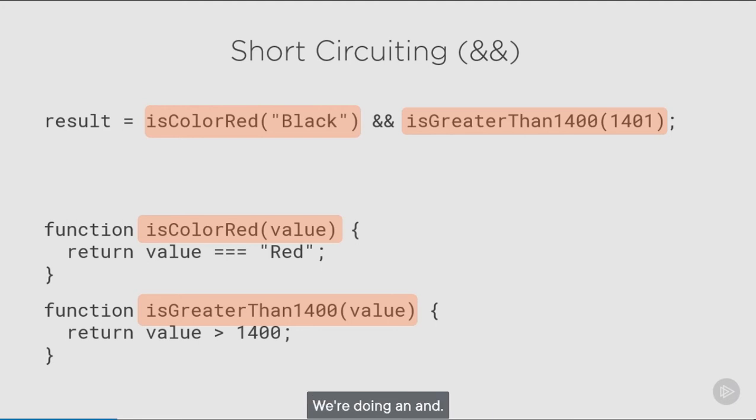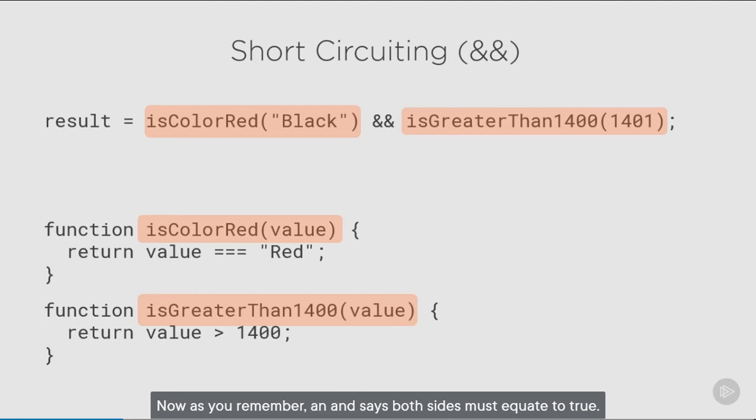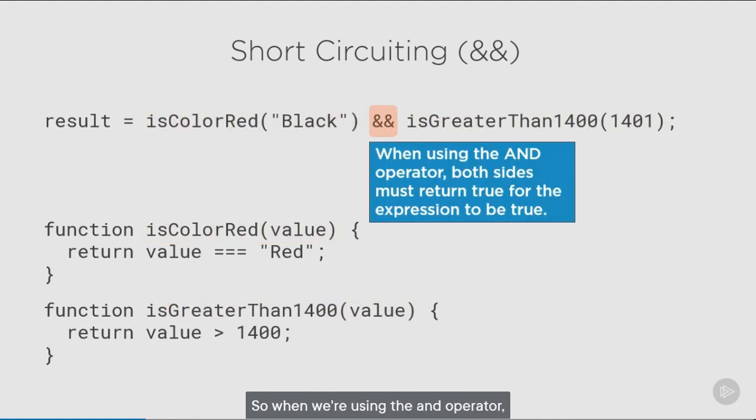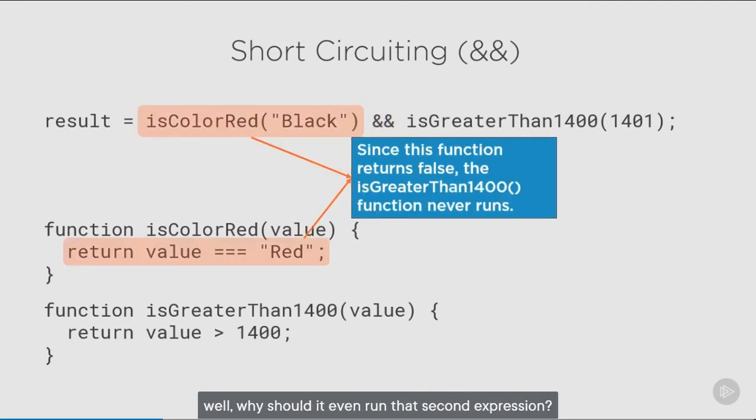We're doing an AND, and remember, an AND says both sides must equate to true. We know that the first one is not going to, right? So when we're using the AND operator, if both sides must return true, but the first one doesn't, why should it even run that second expression?